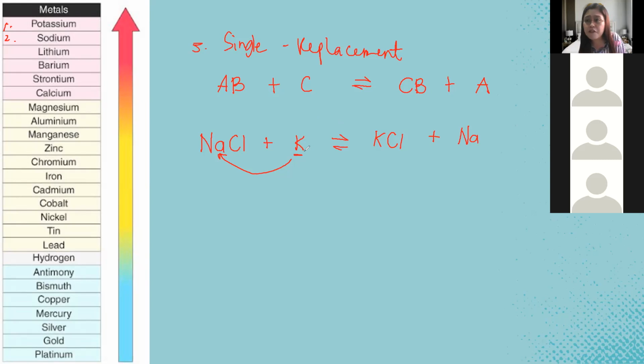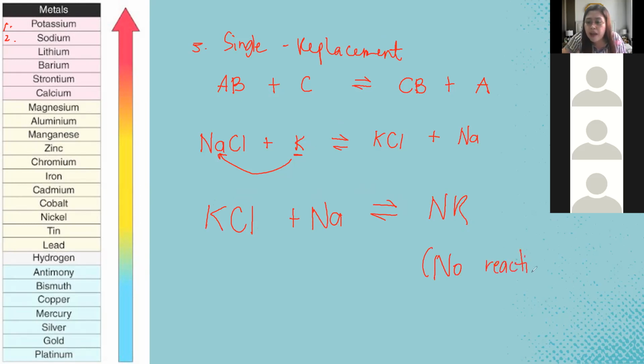But let me give you an example of an impossible single replacement equation. Kapag baliktarin natin, class, you have here the KCl, potassium chloride, plus the sodium. Again, potassium chloride plus sodium. The answer here is NR. And anong ibig sabihin ng NR? No reaction.